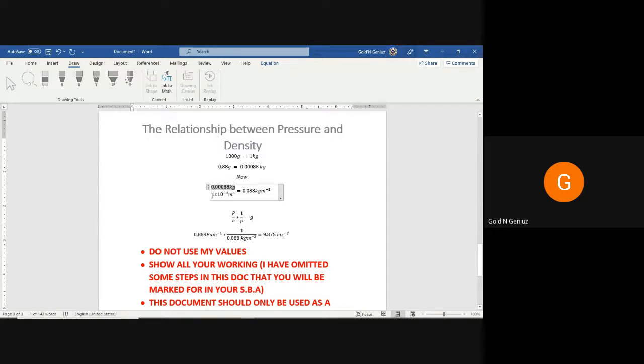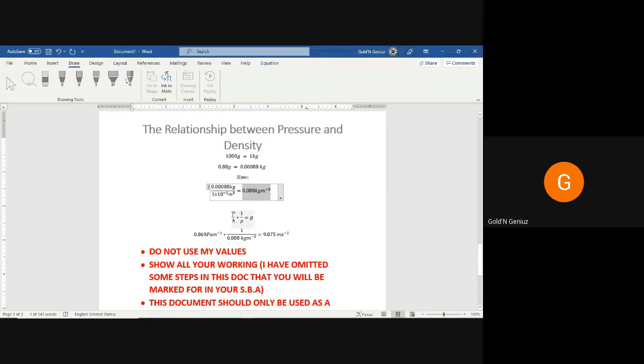And I put my 1 times 10 to the minus 2, which is a centimeter cube. I made my conversion, which is 1 times 10 to the minus 2, which is a centimeter cube. And I got this value.